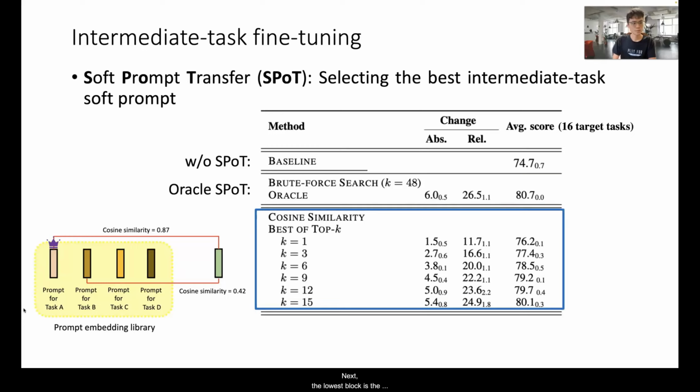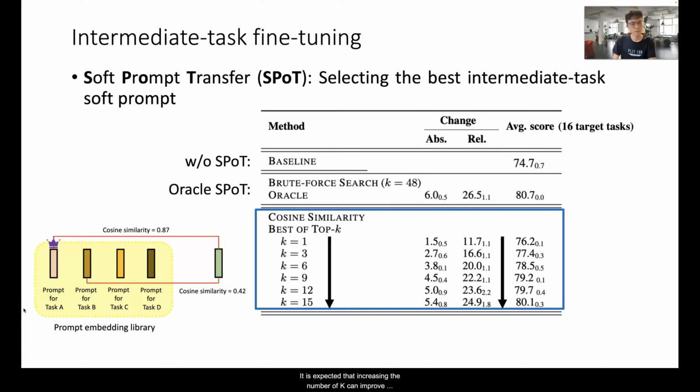Next, the lowest block is the performance of using cosine similarity to find the intermediate task to transfer from. The top k here means that we select the top k similar intermediate tasks based on cosine similarity, use the k different intermediate tasks to perform subprompt transfer, and then select the best model among the k different models.